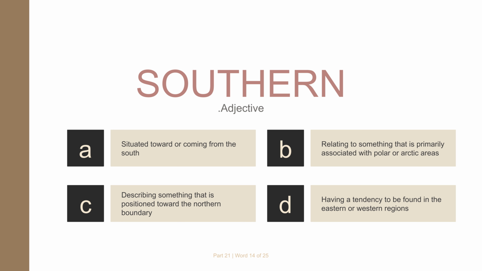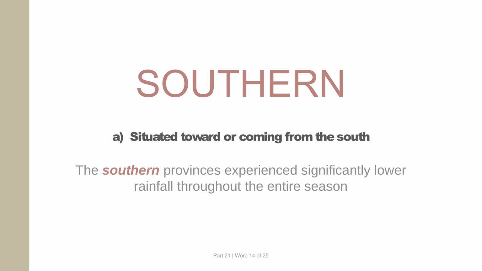Option D. Having a tendency to be found in the eastern or western regions. Correct answer, option A. The correct meaning of southern is situated toward or coming from the south. Example: the southern provinces experienced significantly lower rainfall throughout the entire season.